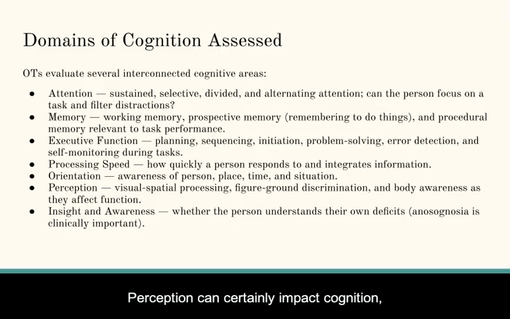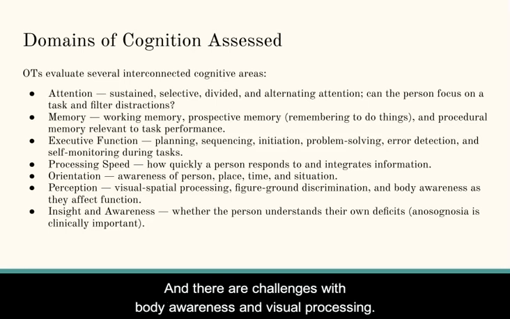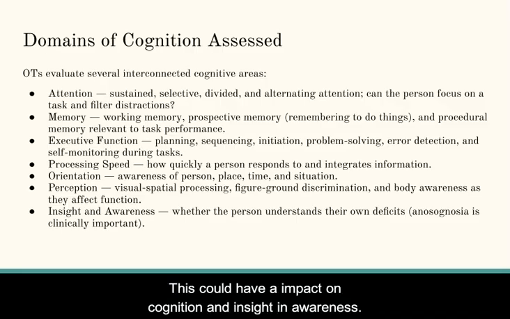Perception can certainly impact cognition. Visual processing, figure ground, if you're asking somebody to do paper pencil tasks or kitchen tasks, and there are challenges with body awareness and visual processing, this could have an impact on cognition.